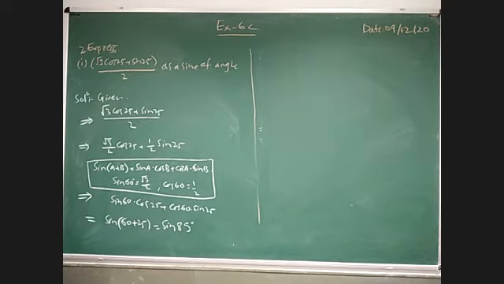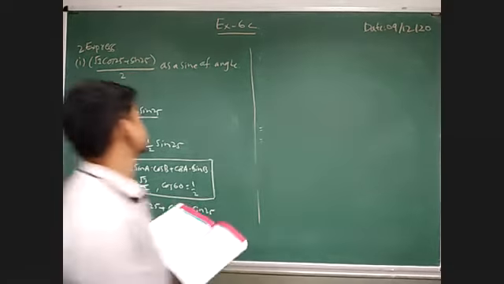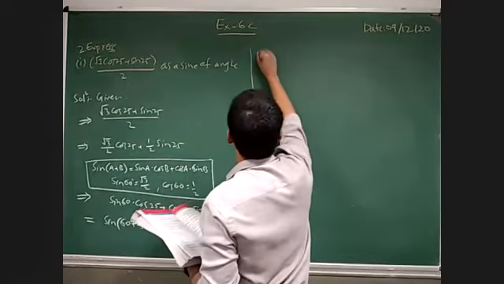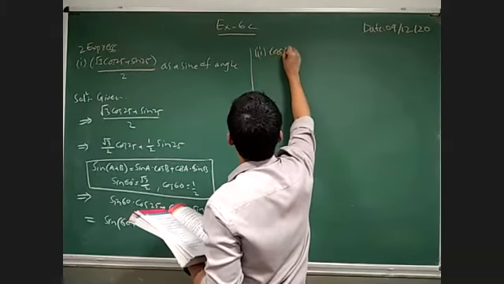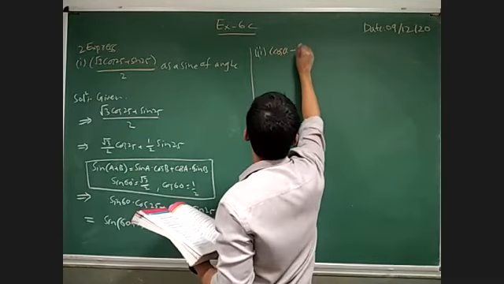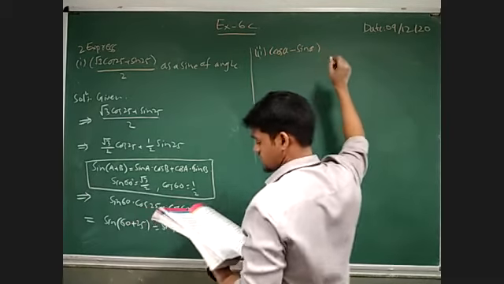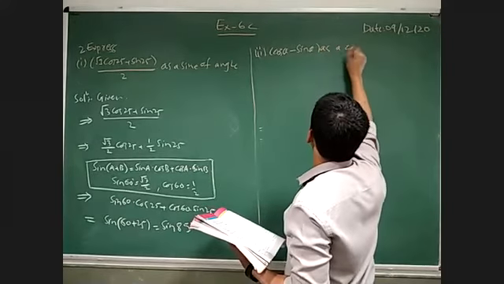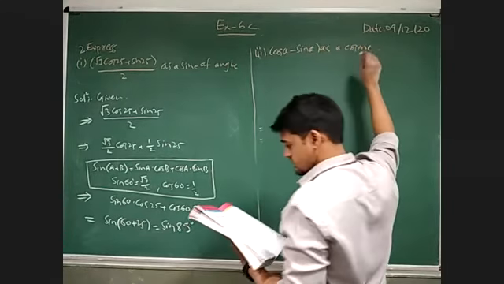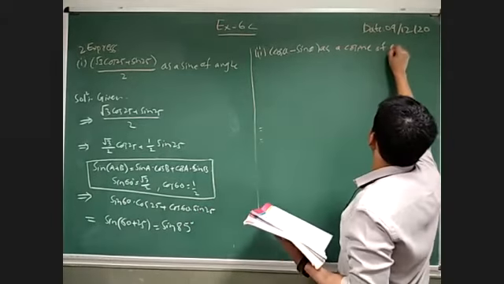Now just see the next question. Second question: cos theta minus sin theta as a cosine of an angle.